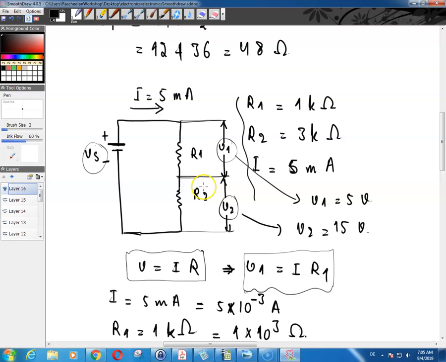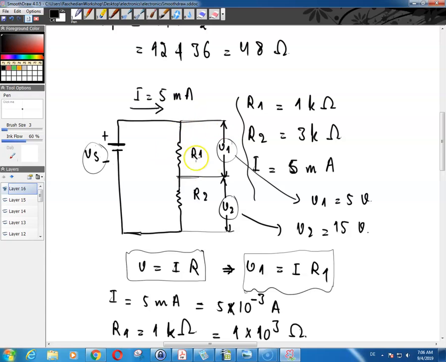And you can see that basically the voltage drop across this resistor is 15 volts, 3 times the voltage drop across this resistor, that's 15 is 3 times 5. And as you can see, the value of the resistance of R2 is also 3 times the value of the resistance of R1.